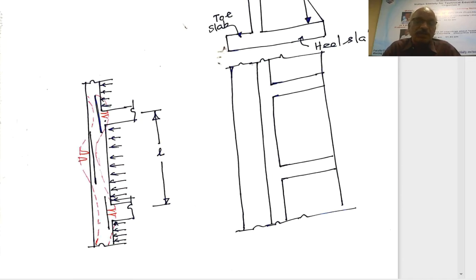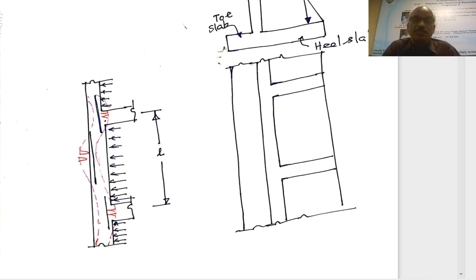So midway between the supports, the tension occurs outside as a slab. So the reinforcement will be in the horizontal direction, whereas in the case of stem, the main reinforcement was in the vertical direction. Here, since it behaves as a horizontal continuous slab, the main reinforcement midway between the counterforts, midway between the supports, will be away from the backfill side in the horizontal direction.